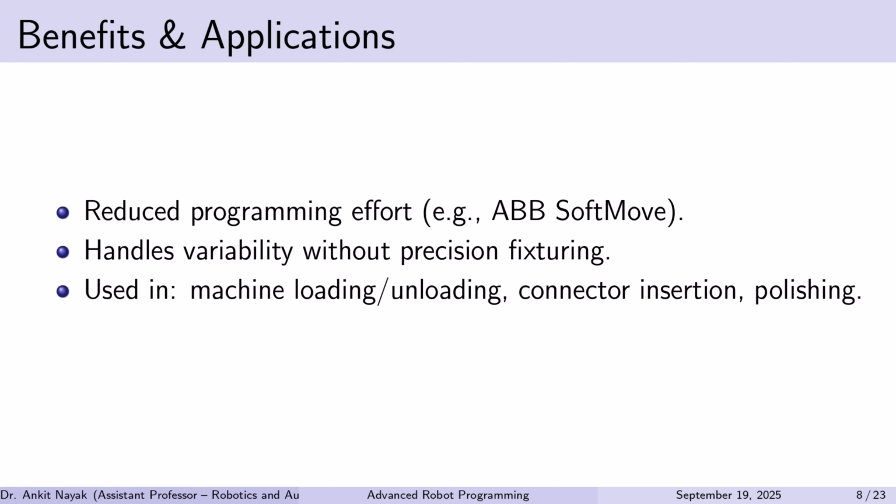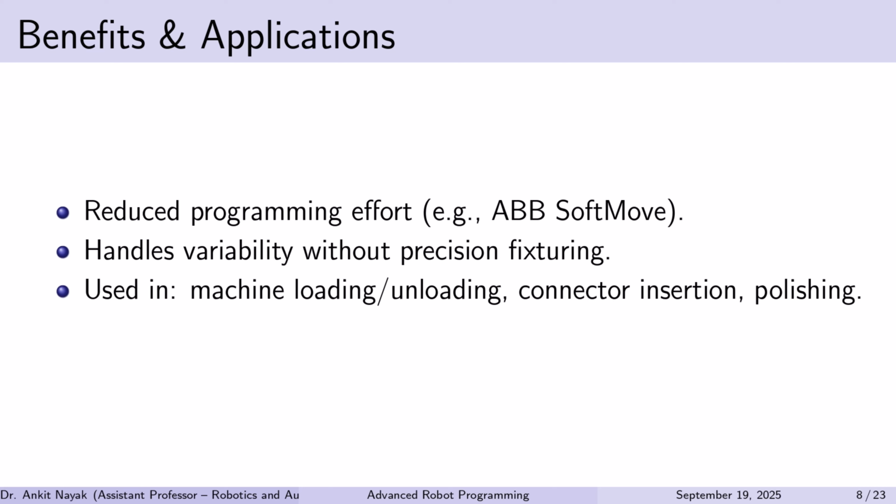Third, it reduces investment cost. In many industries, companies invest in high-precision fixtures just to make sure the robot can work rigidly. But with soft float, cheaper fixtures are sufficient because the robot compensates for inaccuracies. And finally, it improves productivity because the robot avoids unnecessary stops and jams.